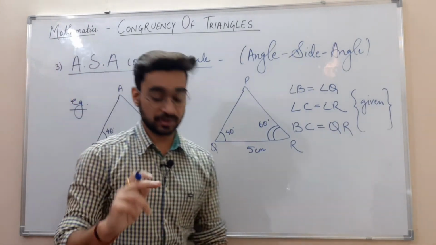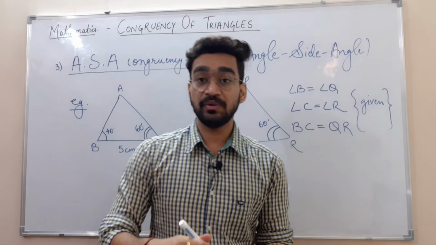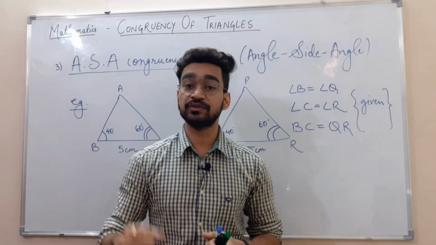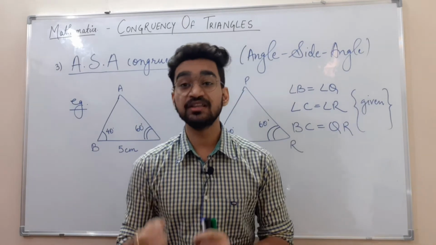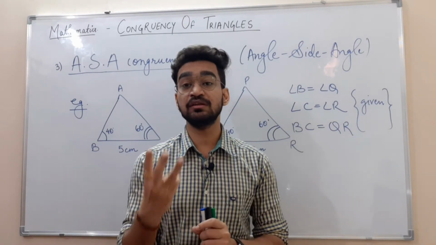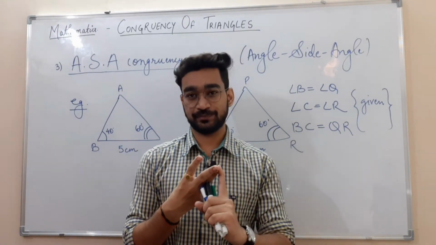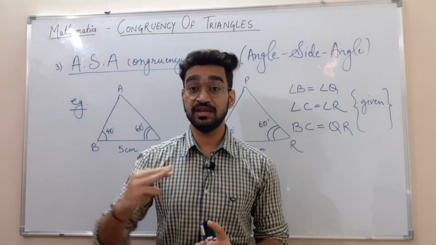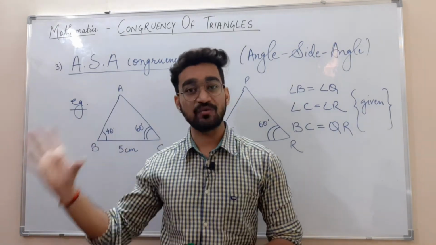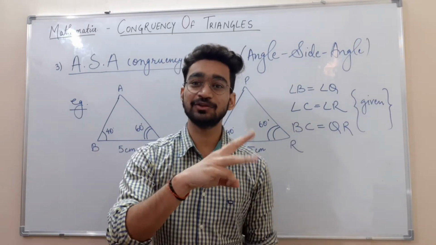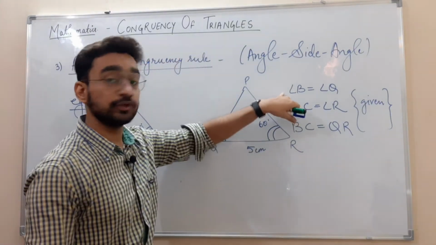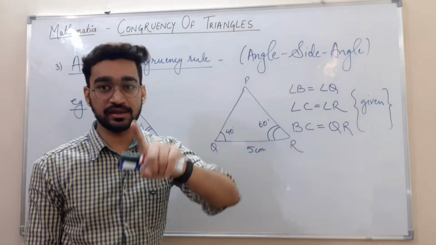See here, I have already told you in my previous videos that whenever we want to prove that two triangles are congruent to each other, we always need a minimum of three things to prove as equal. Minimum three things should be equal in both of the triangles, in triangle 1 and in triangle 2. See in this triangle whether we got three things or not. Yep, we got two angles and one side.